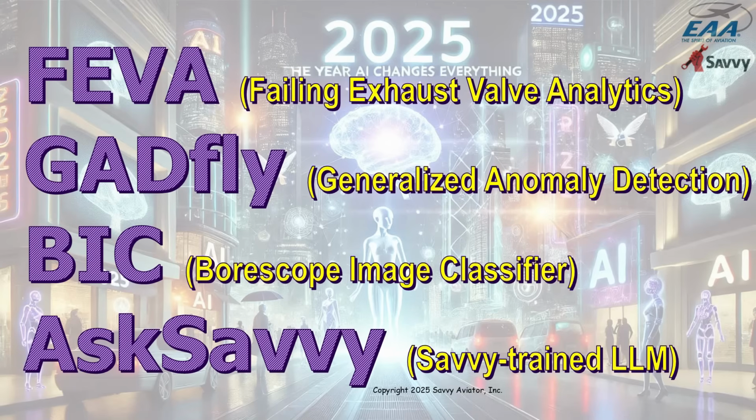GADfly, like I said, we just turned on for the SR22. We'll hope to expand it to more models by the end of the year. That's our generalized anomaly detection thing. We've got another project that is looking very promising, and that is our bore scope image classifier.